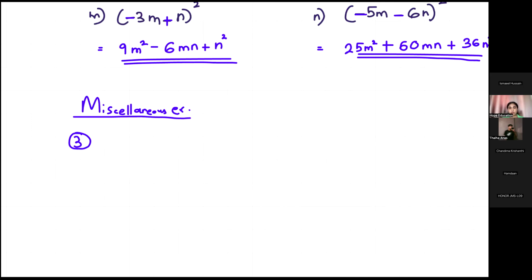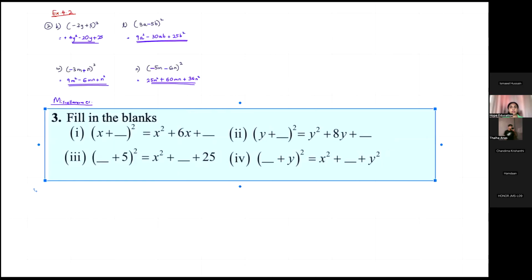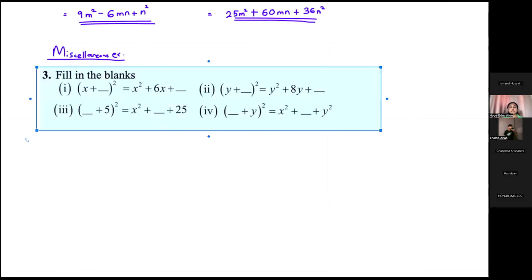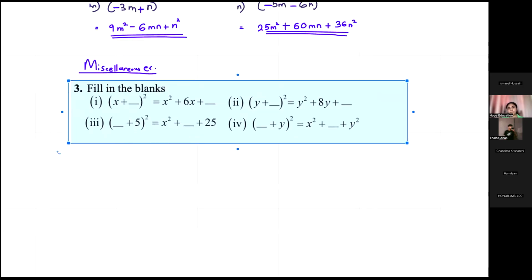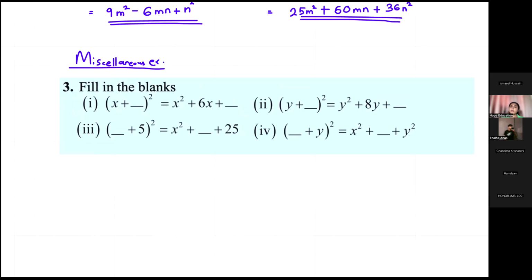No problem. I hope you can see the board. There you have to fill in the blanks. Can you all do this one? It's not that difficult. Quickly finish. I will give this 5 minutes. Make it fast.